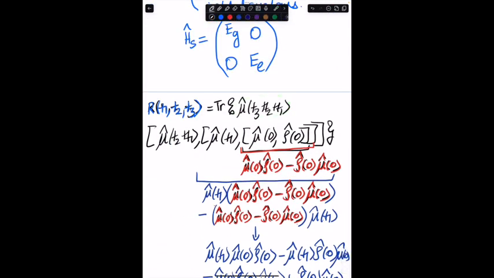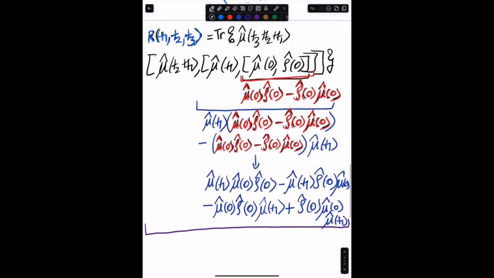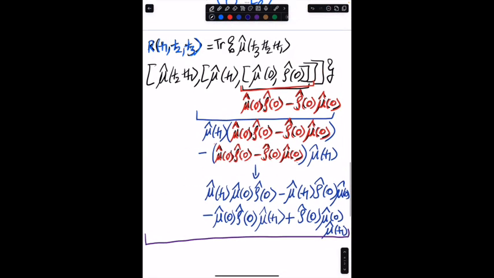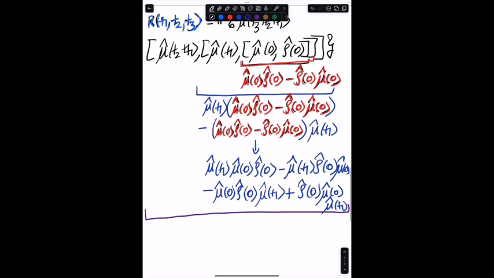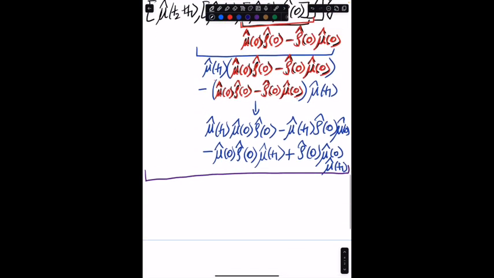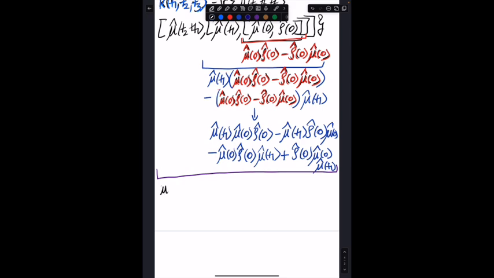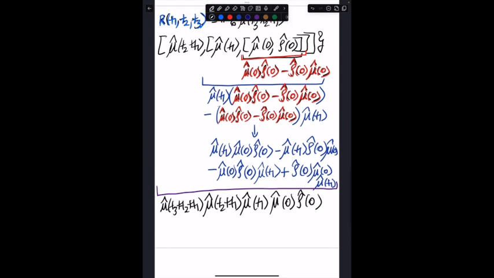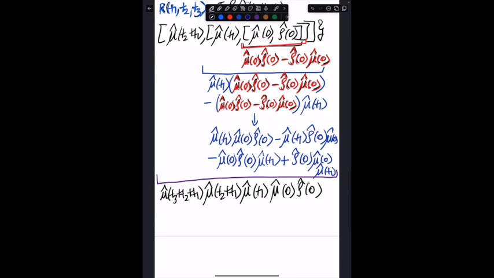So I'm going to jump the gun a little bit and write down all the 8 terms multiplied with mu t3 plus t2 plus t1. What will that give us? You have mu t3 plus t2 plus t1 times mu t2 plus t1, mu t1, mu 0, rho 0. This will be your first term which we get after all of this expansion.